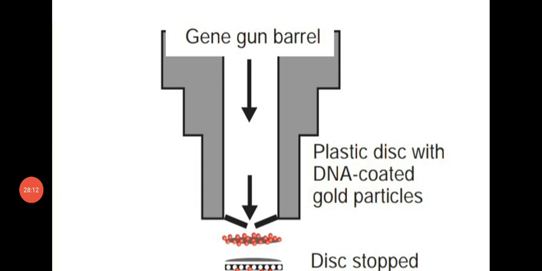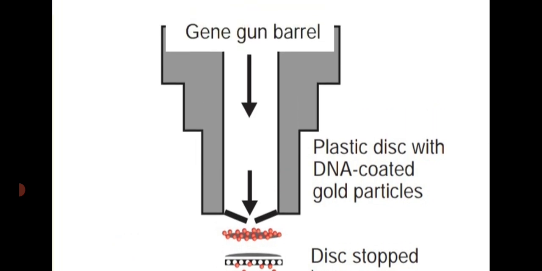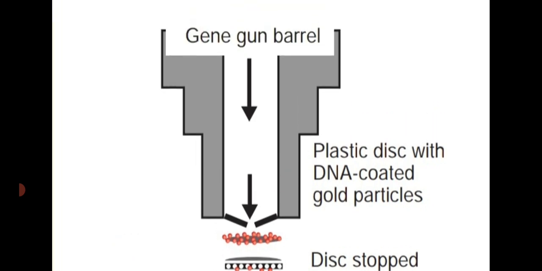Dear students, this is a diagram showing the gene gun method or biolistic. So this is a gun barrel which is used to inject the DNA particles, known as the gene gun barrel. The gene gun barrel is coated with gold particles. This gene gun barrel is made up of a plastic disc with DNA coated gold particles.